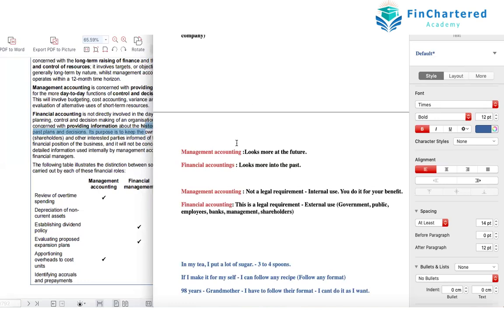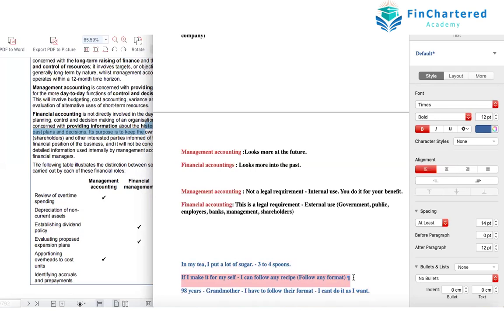This same logic, if we have understood, we can apply it to MA and FA. MA, we're doing it for ourselves. Therefore, there is no specific format that has to be followed. You can do management accounting as you feel right.